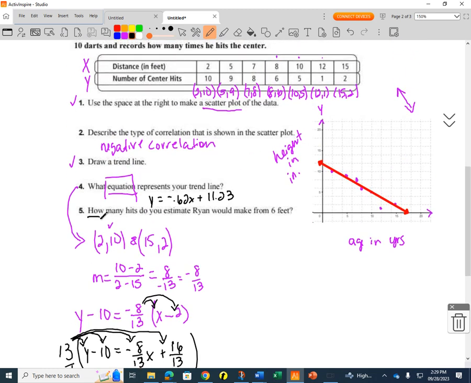Now, how many hits do you estimate Ryan would make from 6 feet? 6 feet, so feet is our x. So we're going to say, this question, number 5, just means, what is y when x is 6?